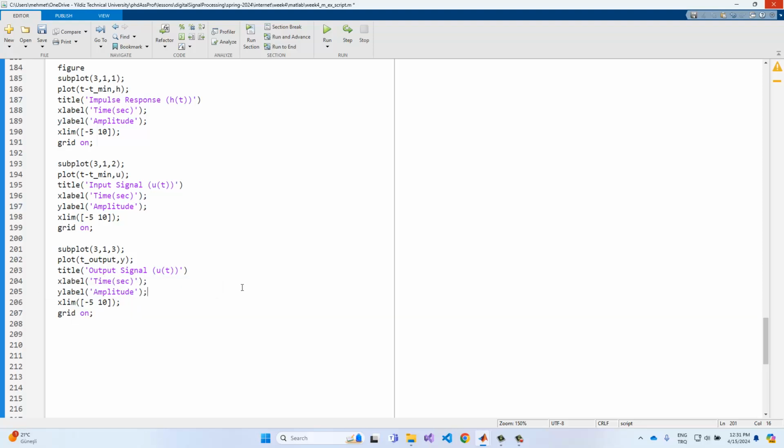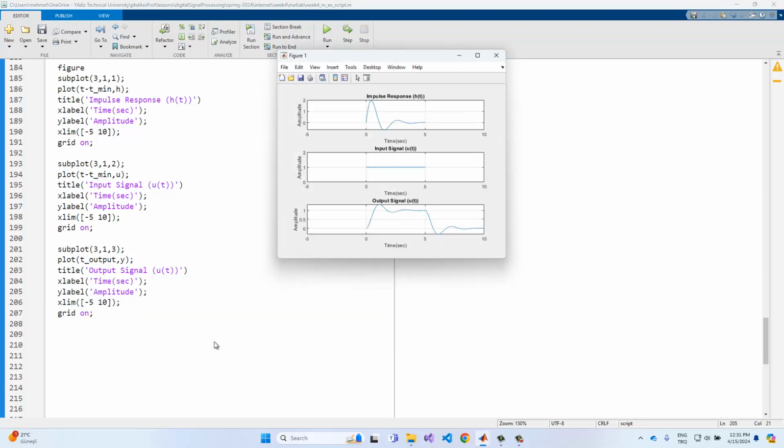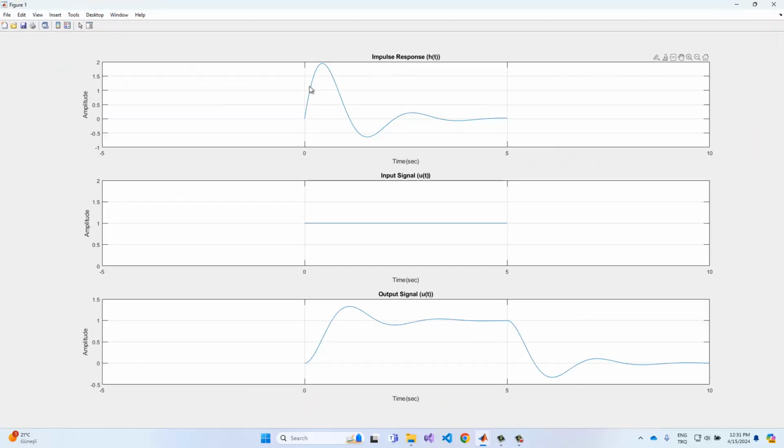Okay, and so if I run this code, then we will have this template pattern for the given m, c, k parameters in here. And after that, if we apply the input or unit step signal just like this one, then we will have this kind of output in here, just like the underdamped system response for a given mass spring damper system.